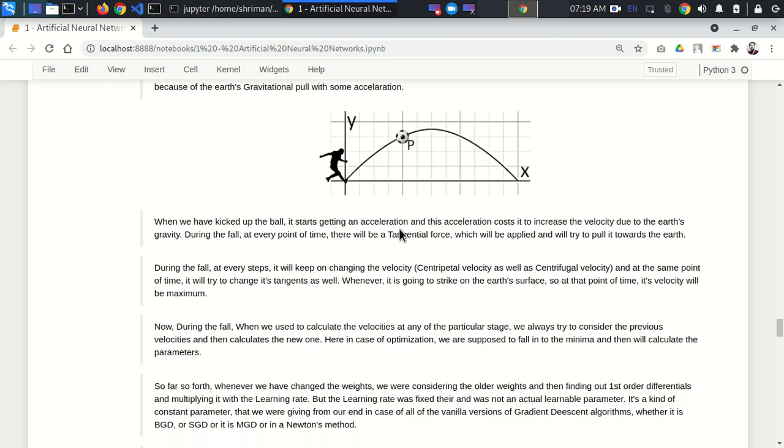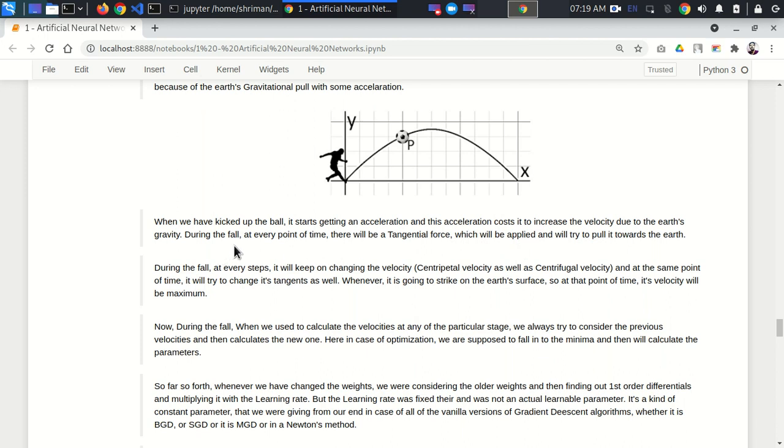At time t equal to 0, its acceleration was 0, but after that, from time t equal to 1, the acceleration starts to change and increment, and this acceleration causes it to increase the velocity due to the earth's gravity.